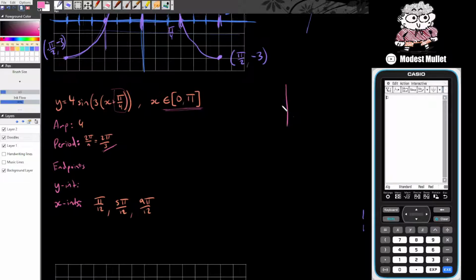We know a basic sine graph looks like that for one period. Because it's not reflected, we can straight away put in our amplitude info, which is 4 and -4. We figured out our period is 2 pi on 3, so we know it's going to keep going on for some amount.